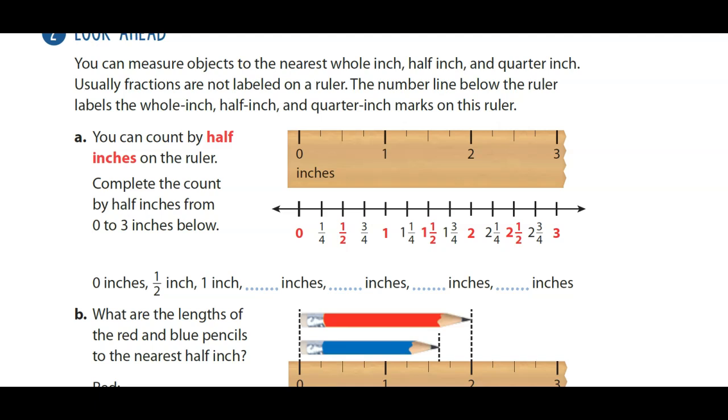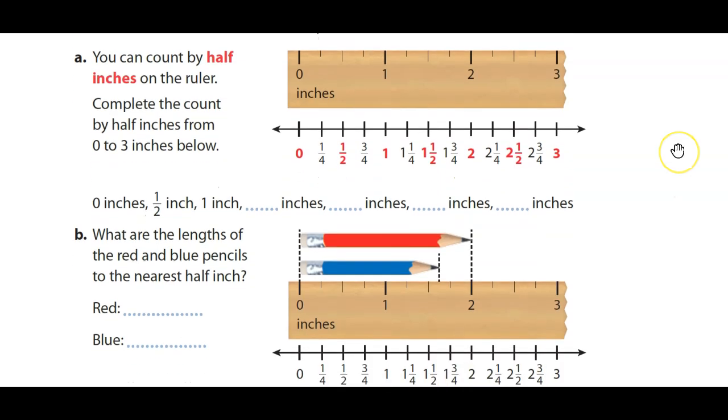Then it says usually fractions are not labeled on a ruler. You only see the whole numbers, don't you? You don't see the fractions on the ruler. We're going to have to figure that out. The number line below the ruler labels the whole inch, the half inch, and 1/4 inch marks on your ruler. So they did that for you already.